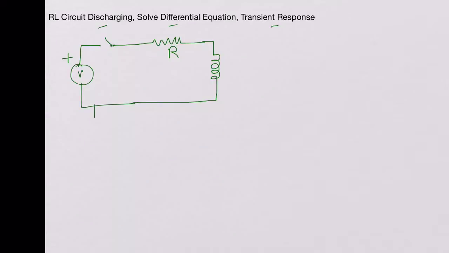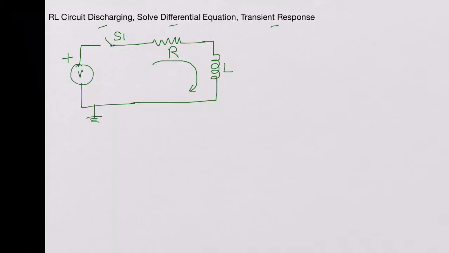In a different video I had an RL circuit, RL in series, and we connected the RL circuit across a DC voltage source V using a switch S1, and we observed what the steady state current flowing through this circuit was.